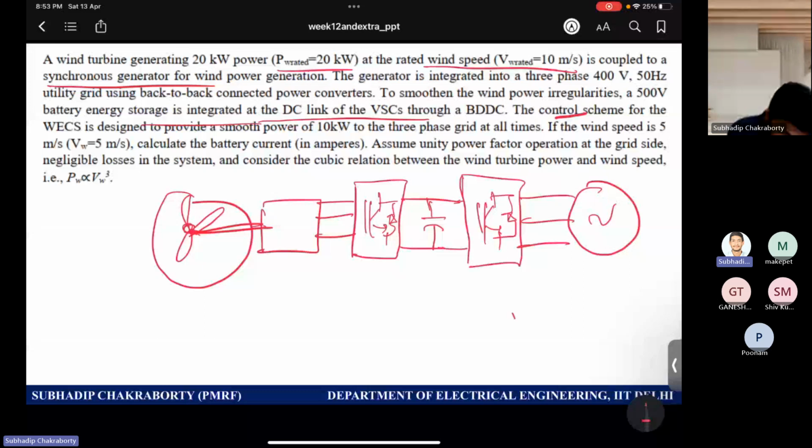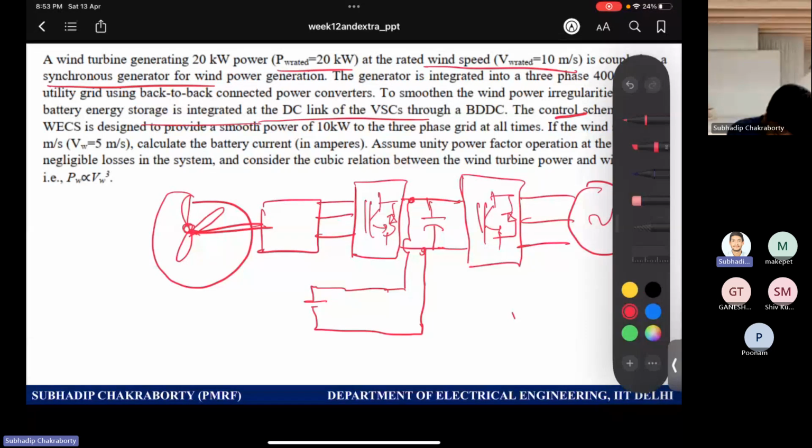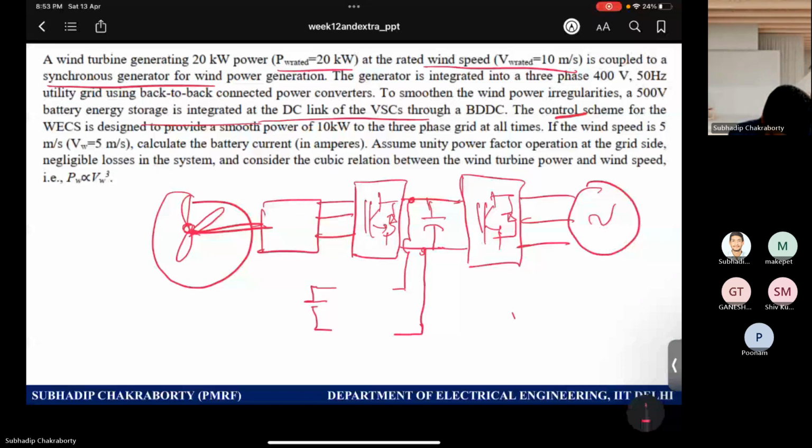So where to incorporate? I have incorporated a battery here. So take out the positive terminal and incorporate a battery. But this battery is interfaced to the DC link using a bidirectional converter. It is like this. You have some inductor here and you have two switches.